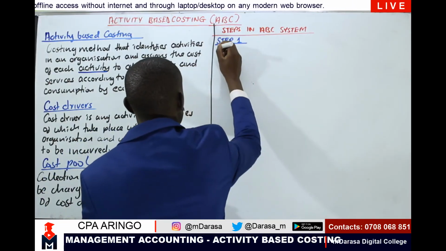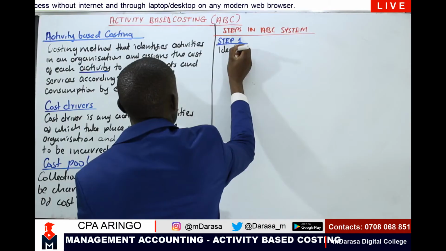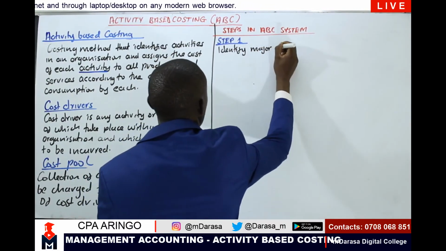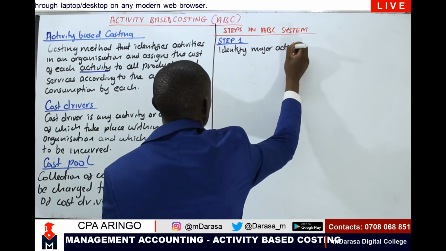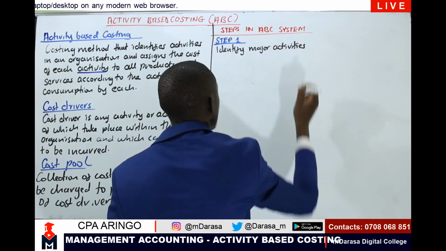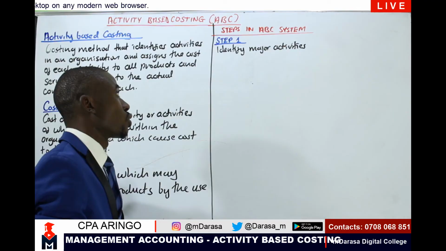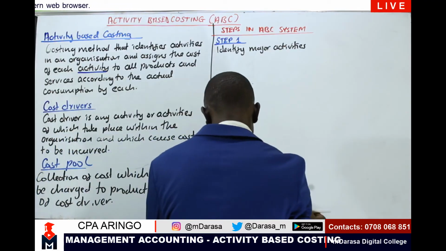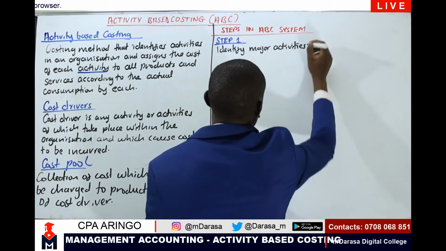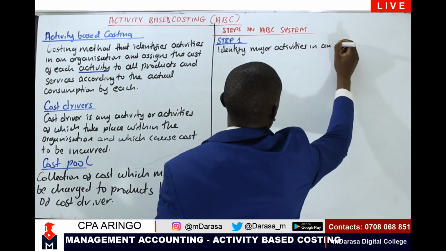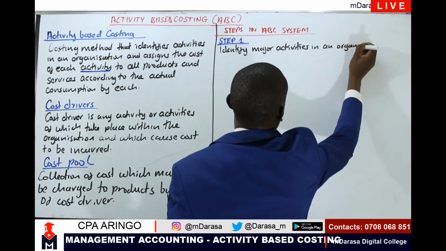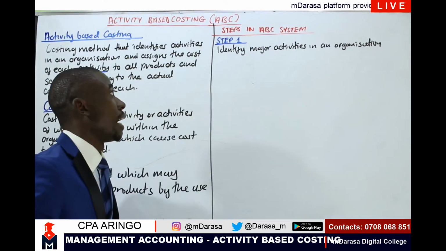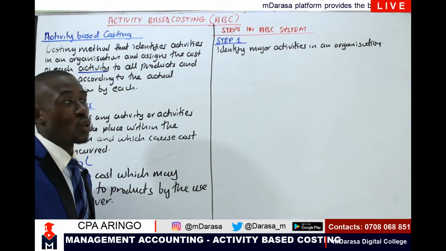Identify major activities within the organization. That should always be our step number one: identifying the major activities in the organization.